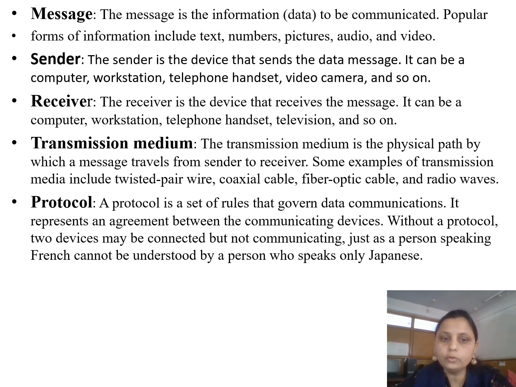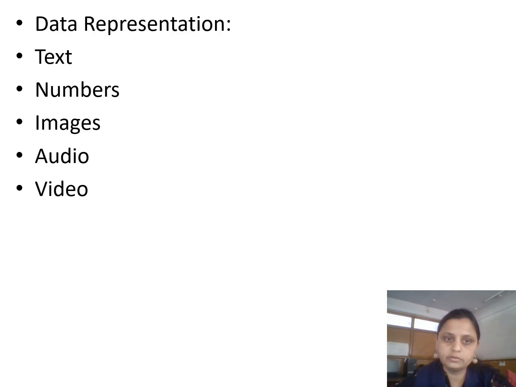Without a protocol, two devices may be connected but not communicating, just as a person speaking French cannot be understood by a person who speaks only Japanese. So in this way the data are represented in the data communication system: text, numbers, images, audio and video, and these are the popular forms of data.